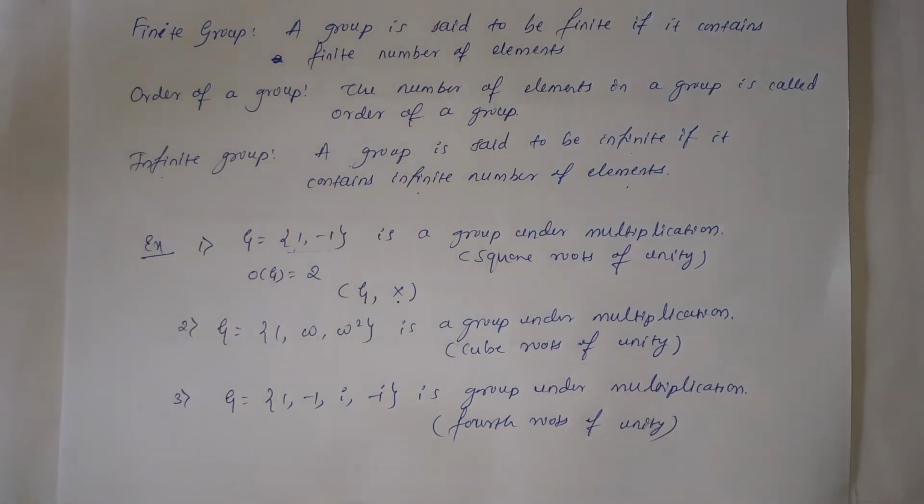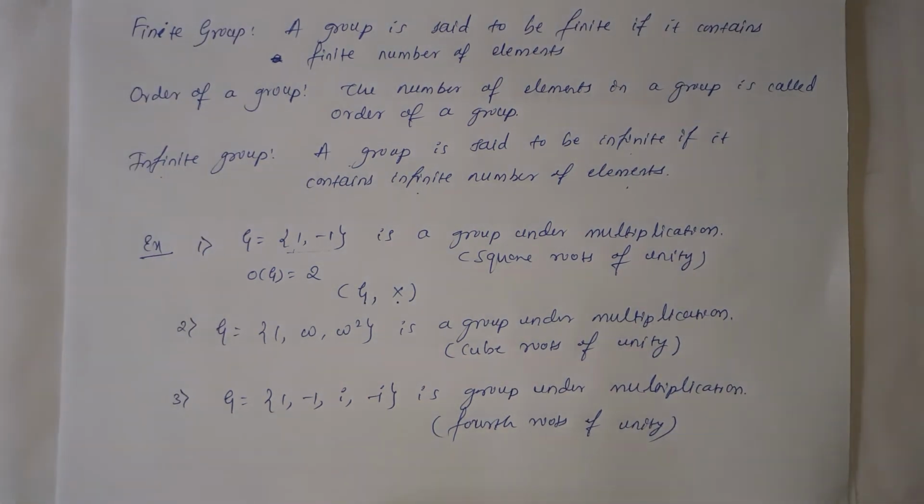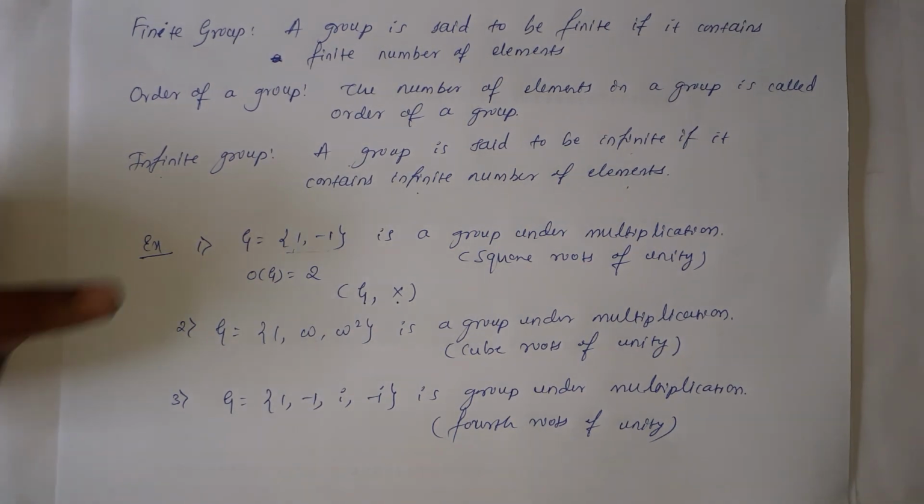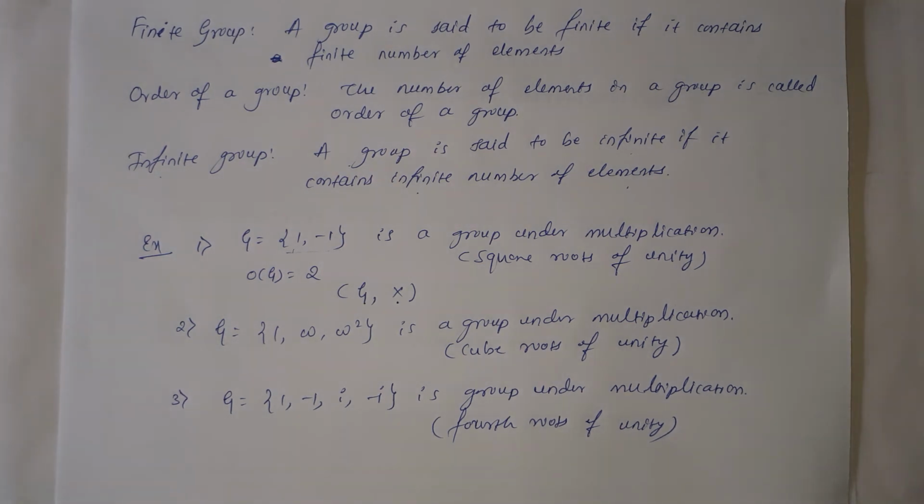So, these are the standard examples of groups. The first one is square roots of unity along with the binary operation multiplication, then cube roots of unity along with multiplication, and finally 4th roots of unity. So, here also it is a group under multiplication.